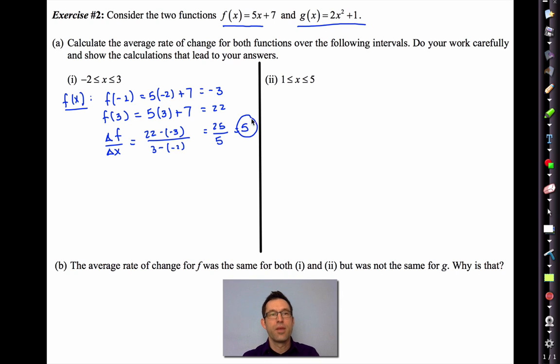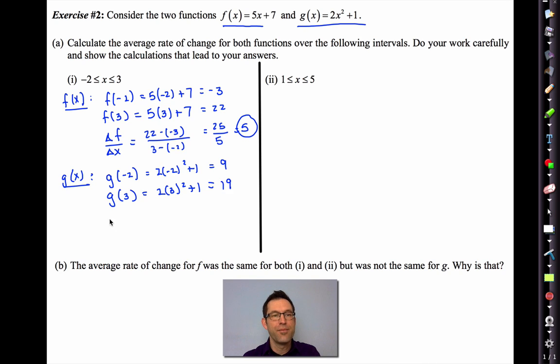All right. Let's do it for g of x. These calculations can be a little bit laborious, but it's not a bad thing. Okay, g of negative 2 is going to be 2 times negative 2 squared plus 1. That's going to be 4 times 2 is 8 plus 1 is 9. g of 3 will be 2 times 3 squared plus 1. 3 squared is 9 times 2 is 18 plus 1 is 19.